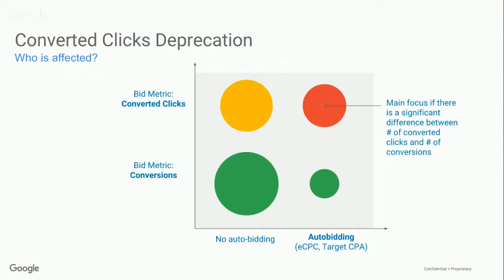So your auto bidding systems will optimize based on the new numbers, which may or may not accurately track towards what you want it to be doing. So if we're looking at these 4 buckets, the upper right-hand corner is definitely the one that we need to address immediately.